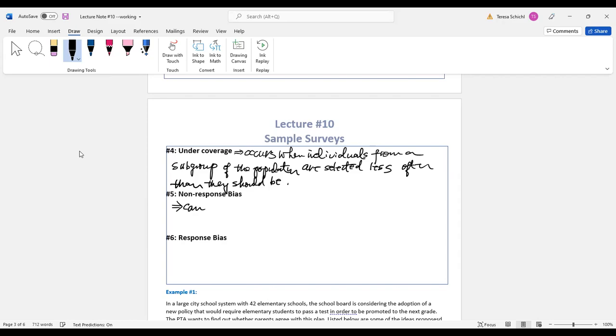This can arise when the sampled individual will not or cannot respond.